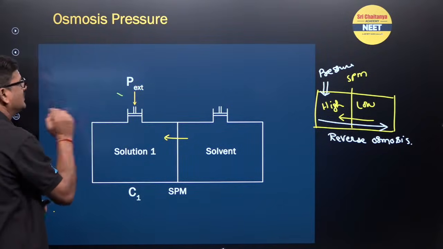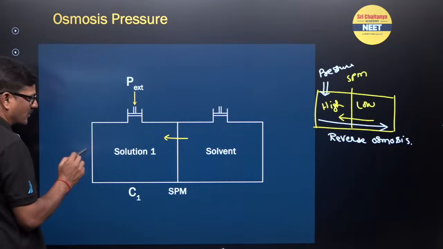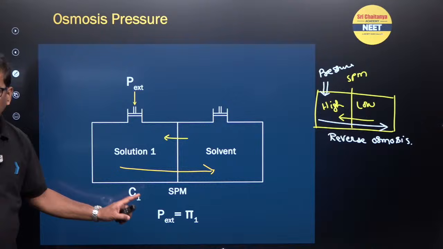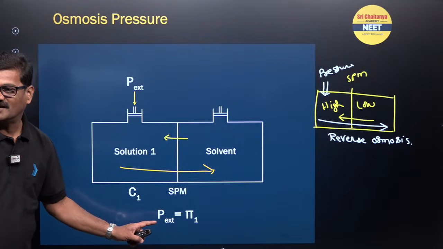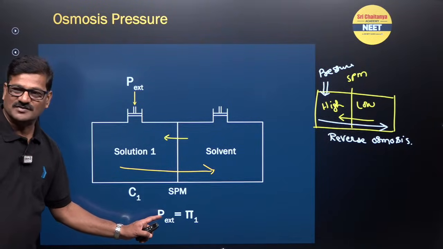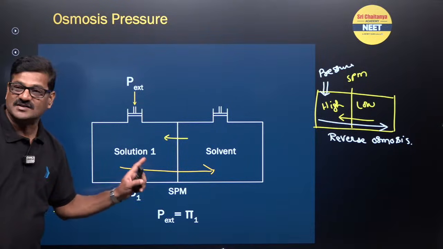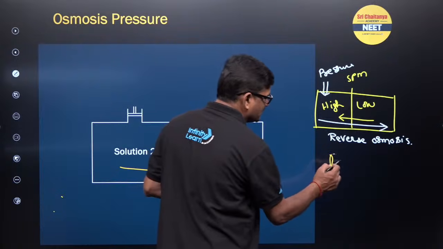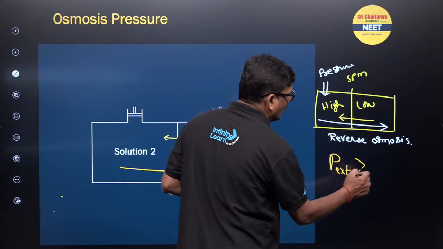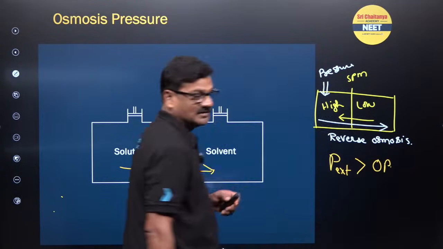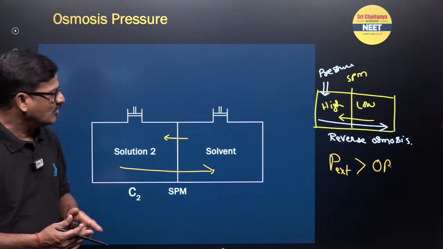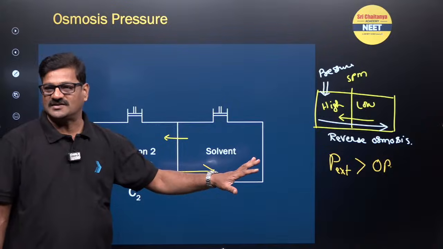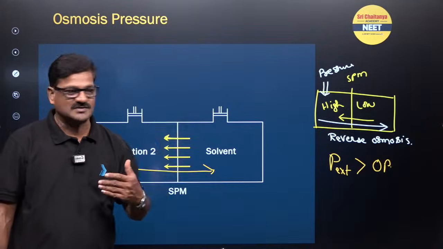You are going to see the solvent start moving from the solution to the solvent. So the condition for reverse osmosis is that the external pressure is greater than the osmotic pressure. That is how the desalination of water takes place, it is a reverse osmosis process.